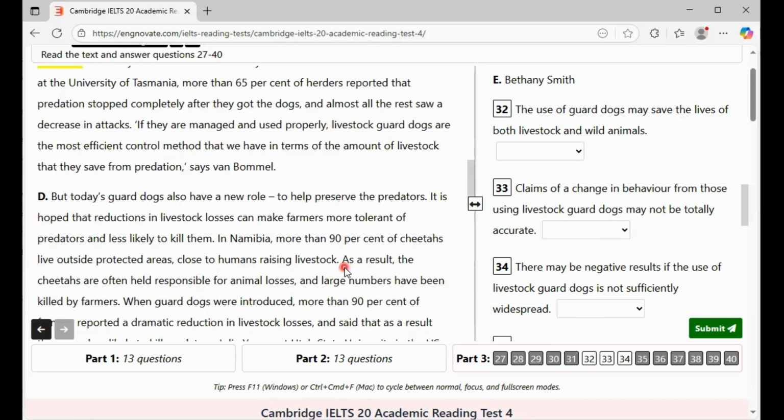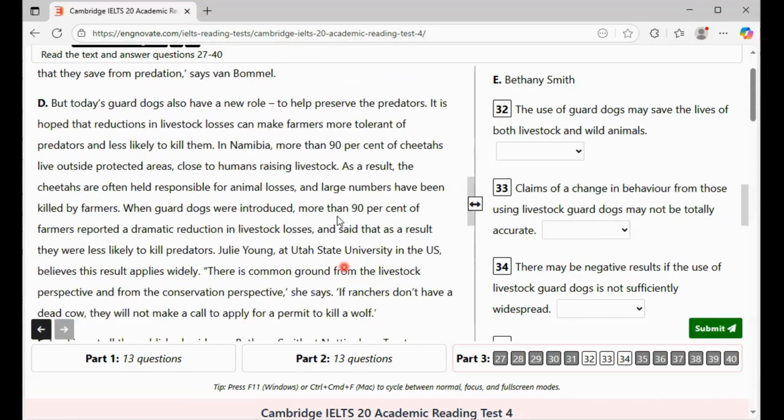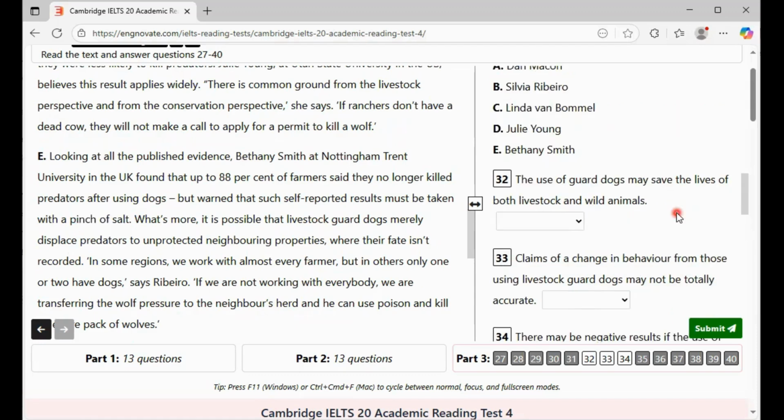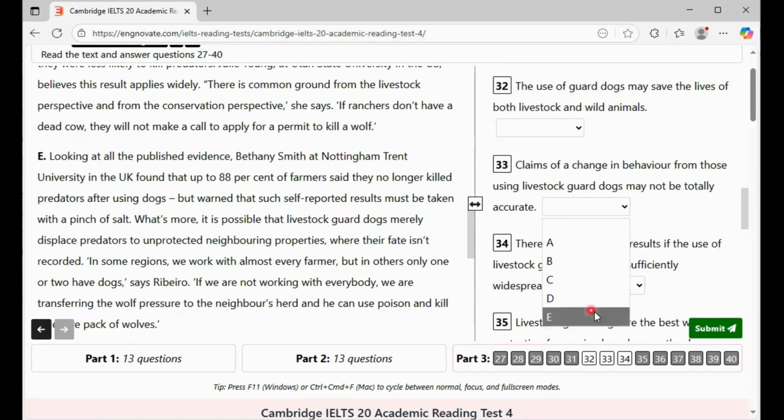Okay. Held responsible. Where is that? I saw a pinch somewhere. Okay, look at the pinch of salt. Who is talking here? Bethany Smith. That's option E. Number 33 is going to be E. I'm going to pick E for number 33.